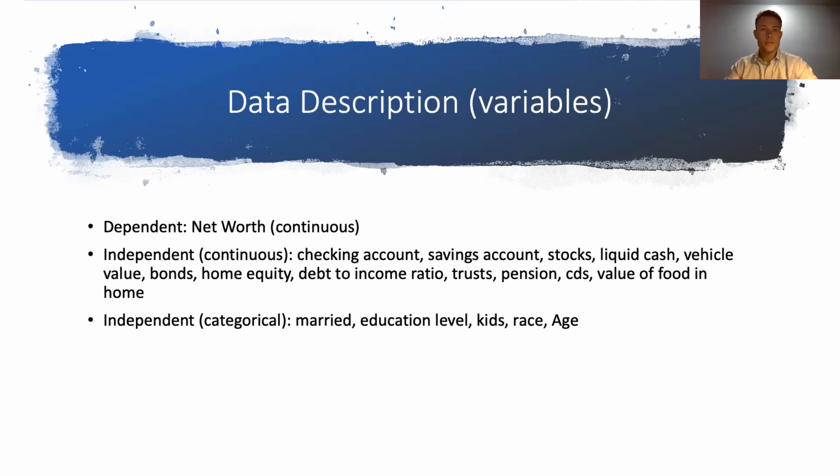The continuous variables were amount in checking account, amount in savings account, amount in stocks, cash, vehicle value, bonds, home equity, debt to income ratio, amount in trusts, pension amount, CDs, and a unique one that I actually found was significant was the value of food that an individual had in their home. And then the categorical variables were married, education level, number of kids, race, and age.